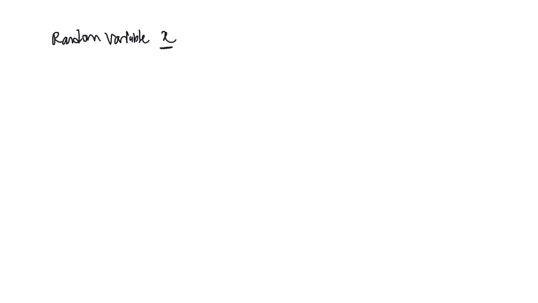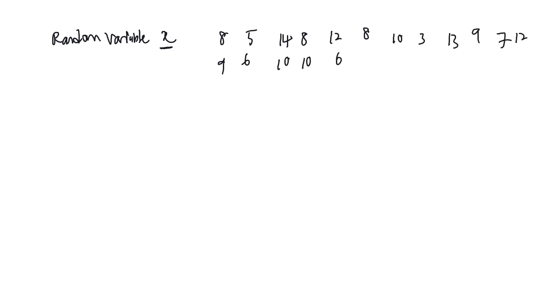So x are 8. This is the first measurement, and then next you get 5, 14, 8, 12, 8, 10, 3, 13, 9, 7, 12, 9, 6, 10, 10, 6, 8, 11, and 7.